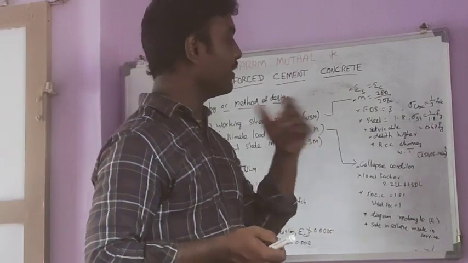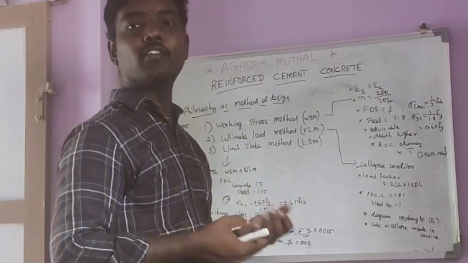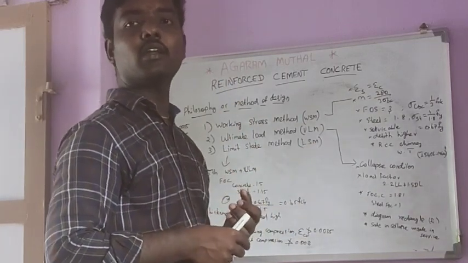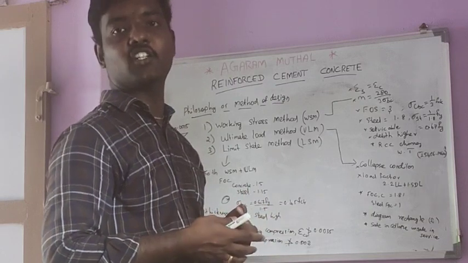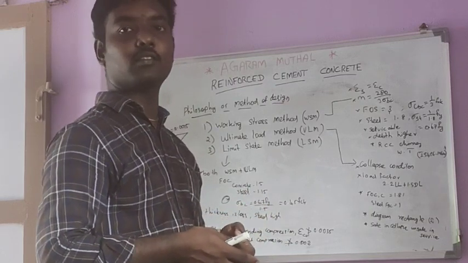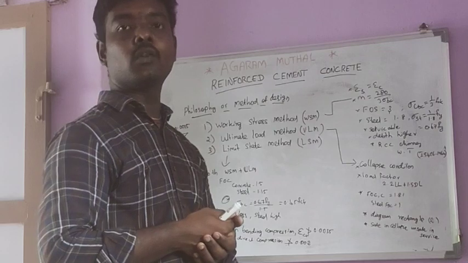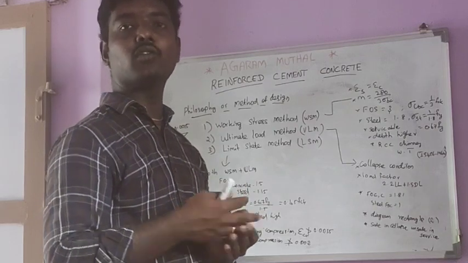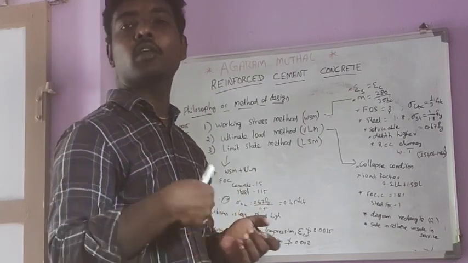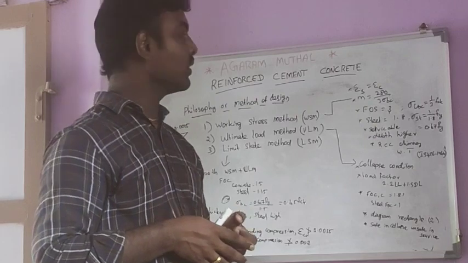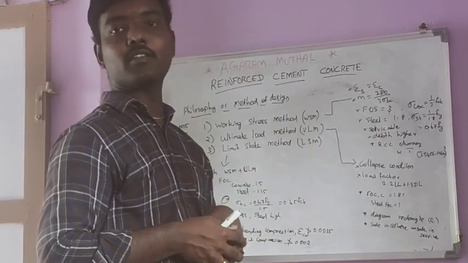Next one, it is very good in serviceable conditions, but it is not good at collapse conditions. Why? The reason is because we are taking only safe load. So even if the load gets excess due to some causes, some unforeseen loads, it can't bear them.